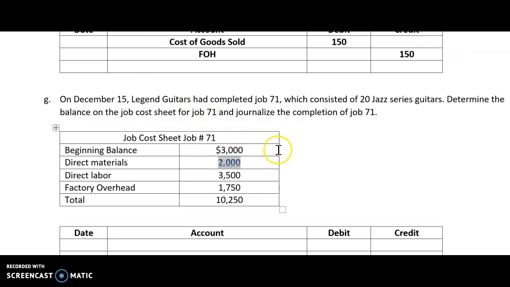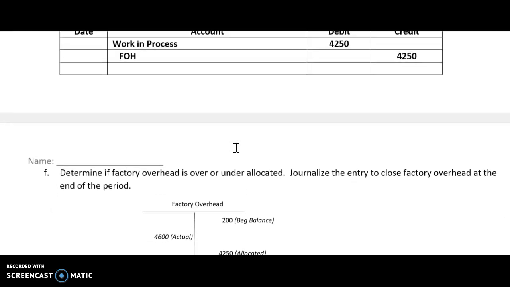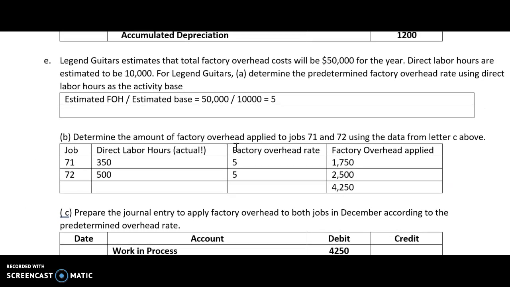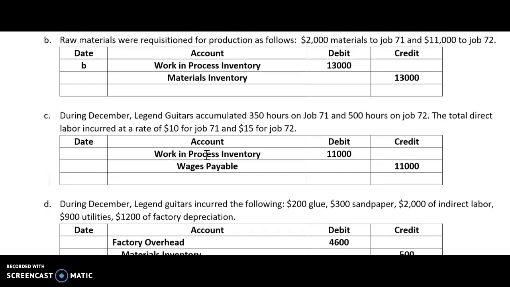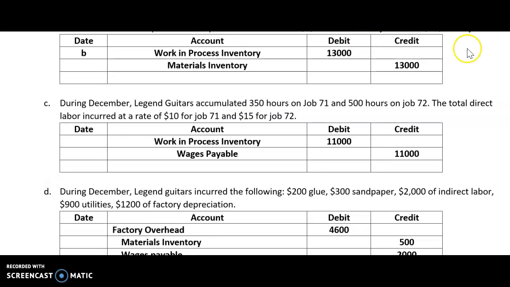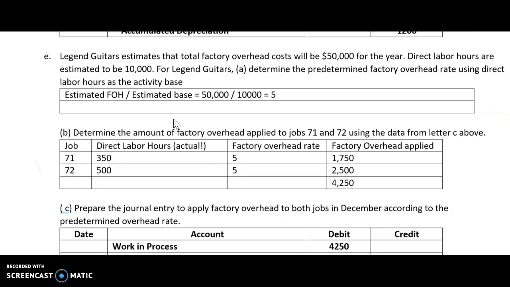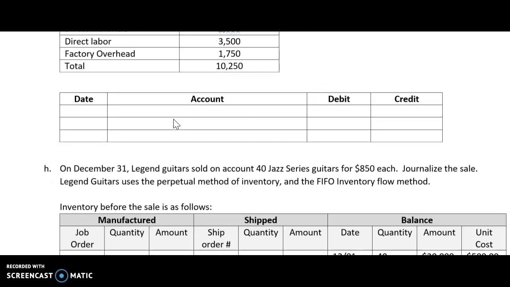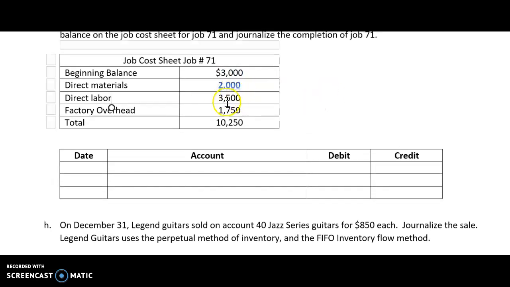Direct labor: we can go back and find direct labor for job 71. Direct labor for job 71 was 350 hours times 10, so 3,500. So that is where that 3,500 came from.